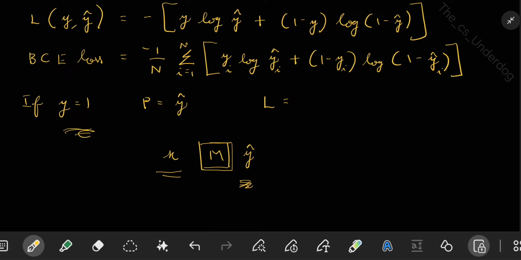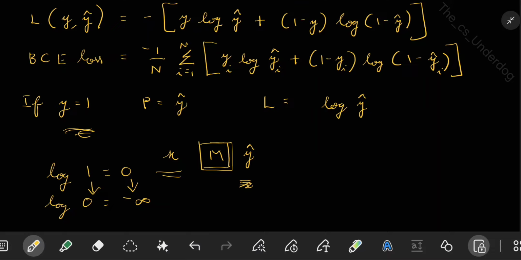So one logic I can use is I can take log of y cap. If I take log of y cap, what happens? You know, log of 1 is 0. If I take log of 0, that will be minus infinity. But in between, if I take values between 1 and 0, the value of log will go from 0 to minus infinity.